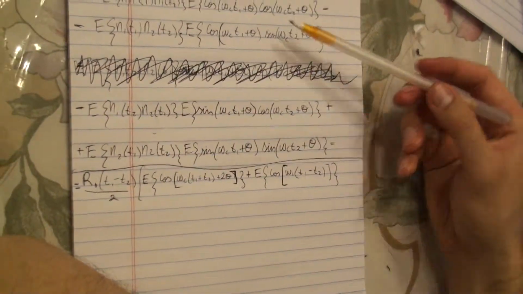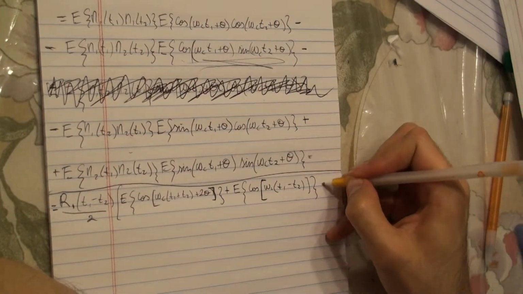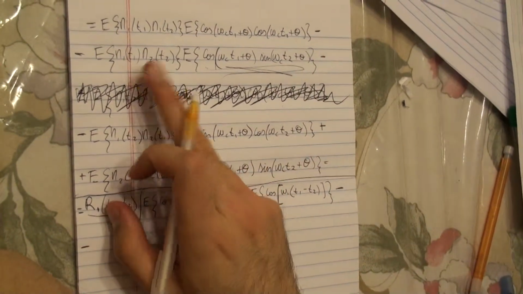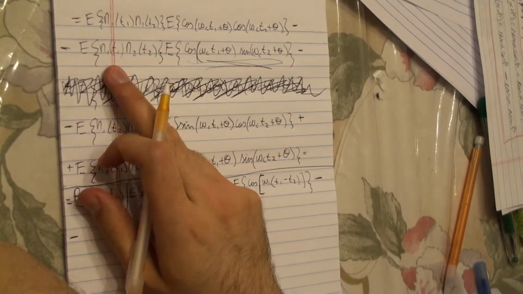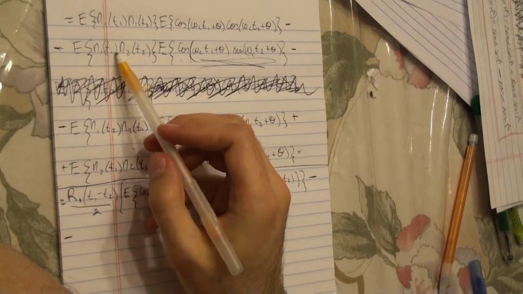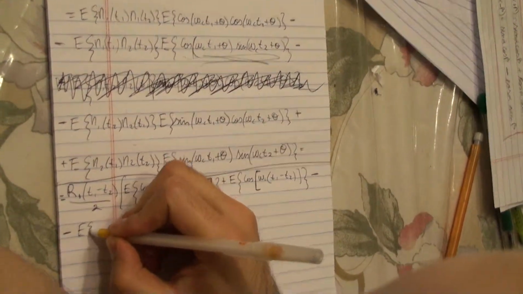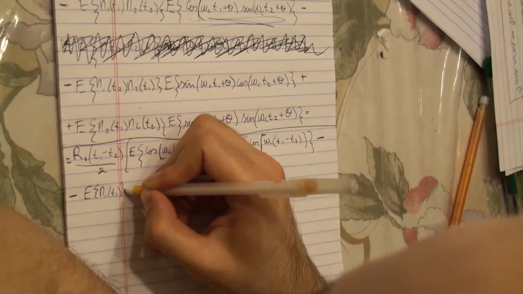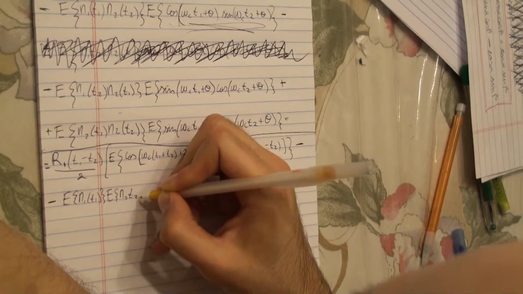Similarly, for the second term, we can simplify this piece the same way. Minus. Because these two are independent of each other, we can write them as expected value of n1 t1 times expected value of n2 t2.